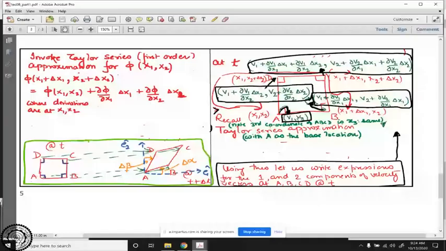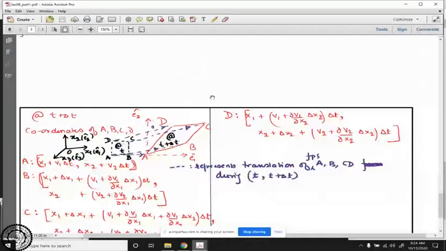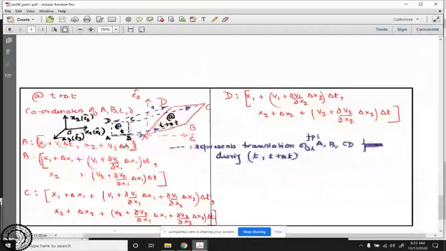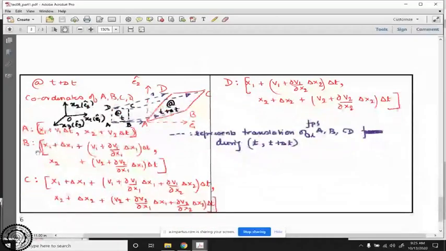That will become the new coordinates of ABCD at time t plus delta t, right? That's what I'm doing here. So the new coordinates, that is, at time t plus delta t.